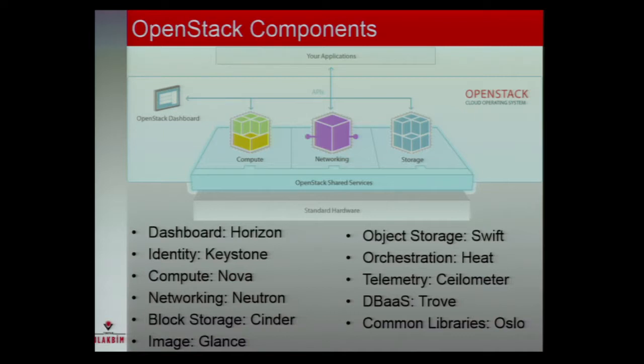For example, Horizon provides the dashboard, Keystone provides identity services, Nova manages compute services, Neutron manages networking, and Cinder block storage, Glance for images, Swift for object storage, Heat for orchestration, Ceilometer for telemetry, Trove for database as a service, and Oslo for common libraries.